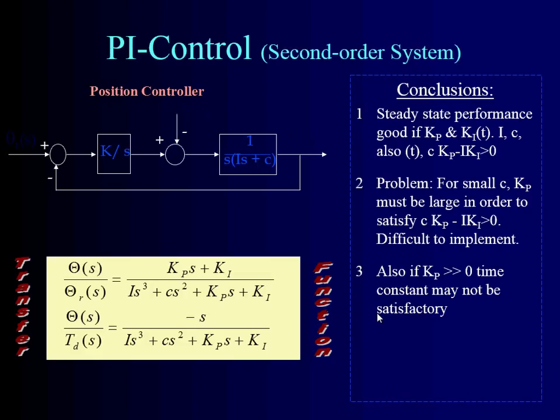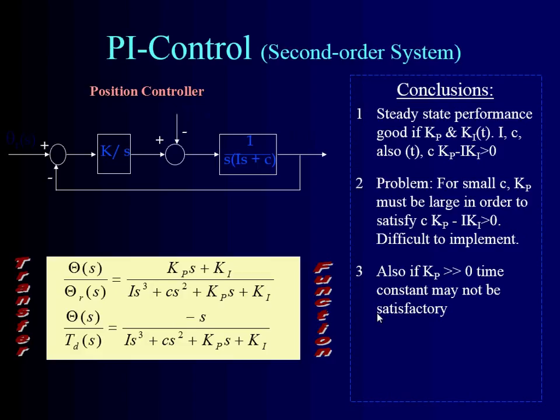steady state performance is good with K proportional and K integral. Problems: for a small c, Kp must be large in order to satisfy the condition that c Kp minus Ki should be bigger than 0.